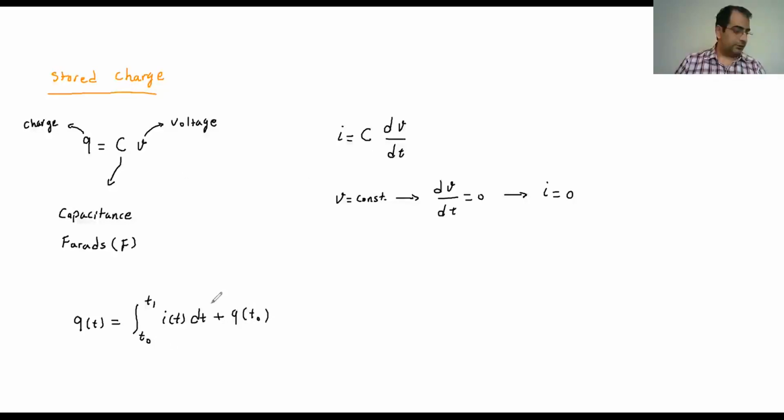This is another equation we can get from the combination of what we already know.